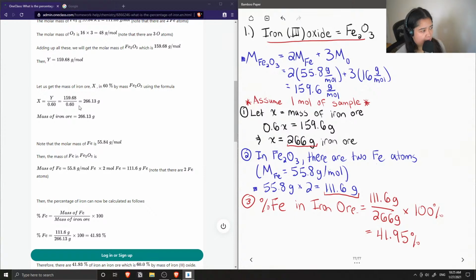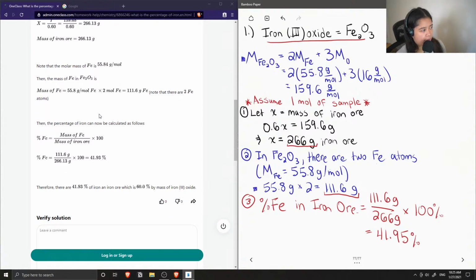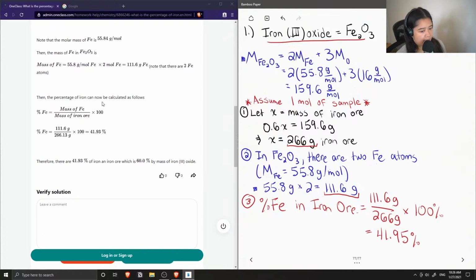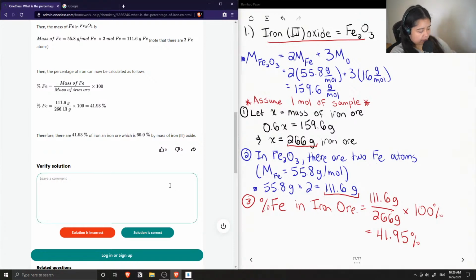So they also got 266 grams of iron ore. Okay, so then they found the mass of iron by multiplying the molar mass of iron by 2, and then they divided the values to also get around 41.9% of iron. So this solution is correct.